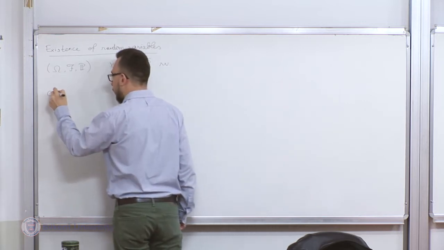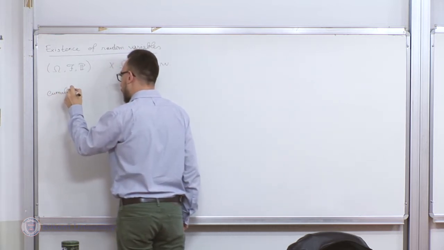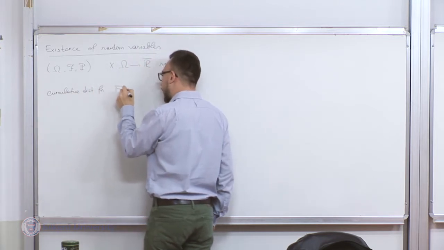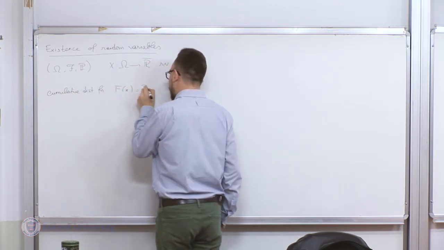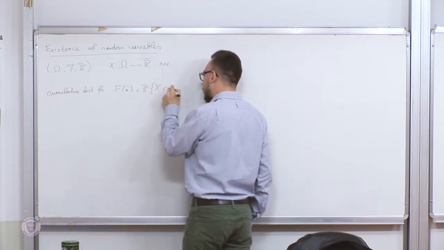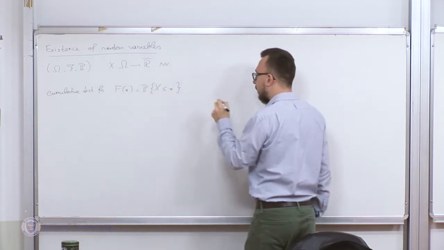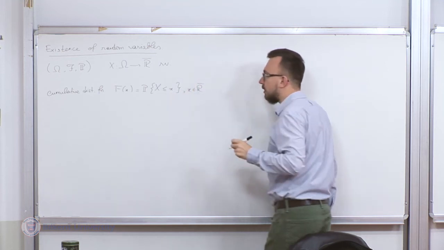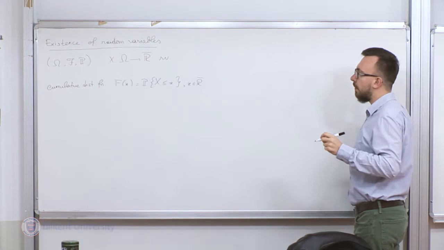The cumulative distribution function is defined as the probability that X takes values less than or equal to little x. As a function of little x, this is called the cumulative distribution function.